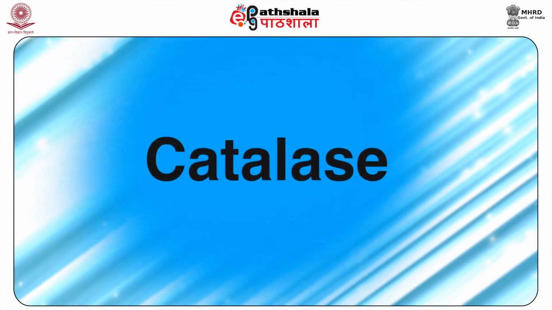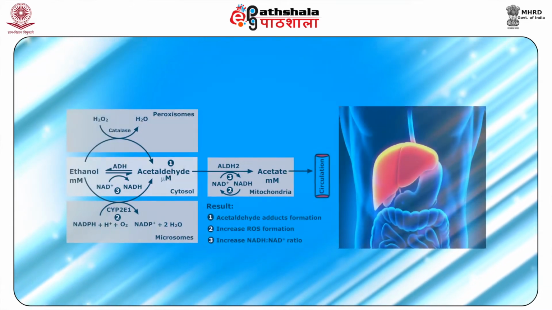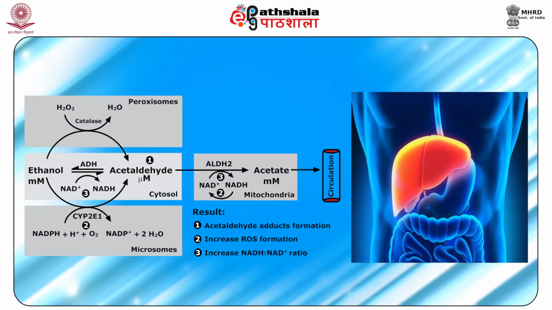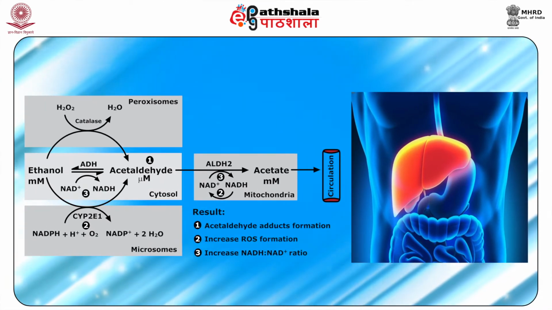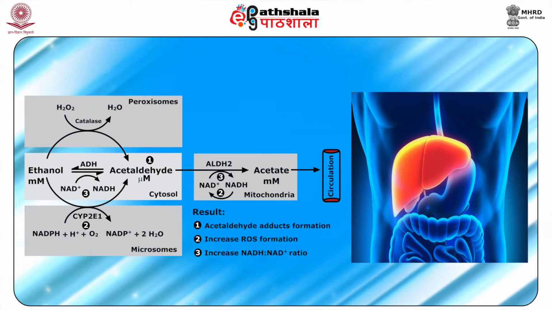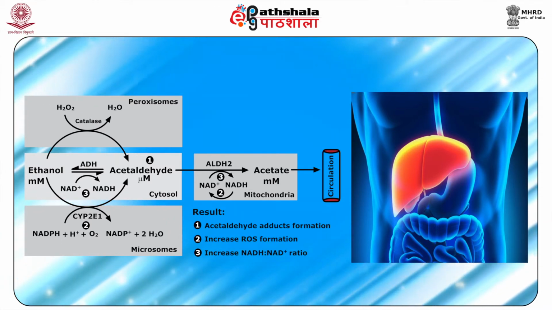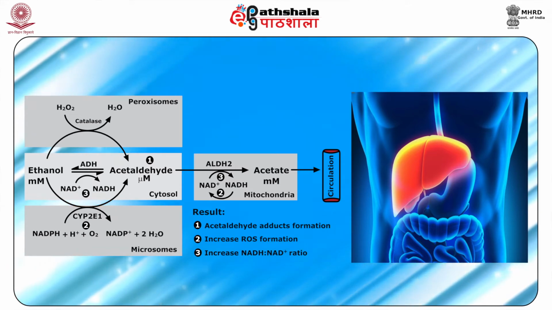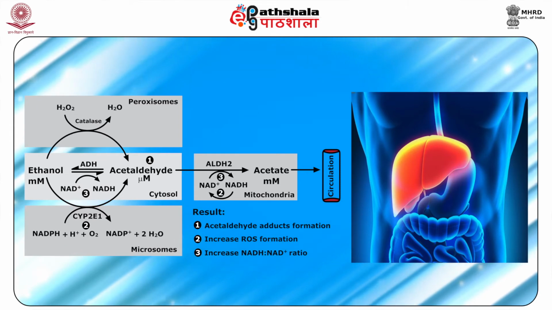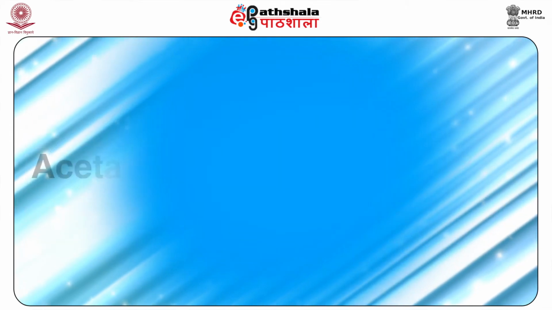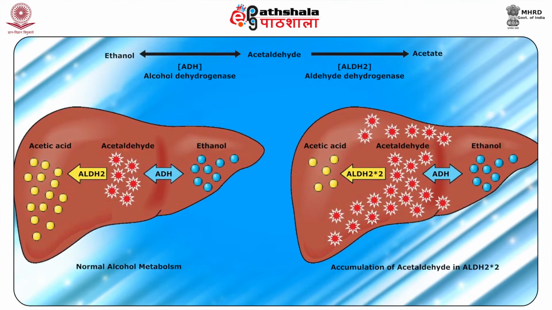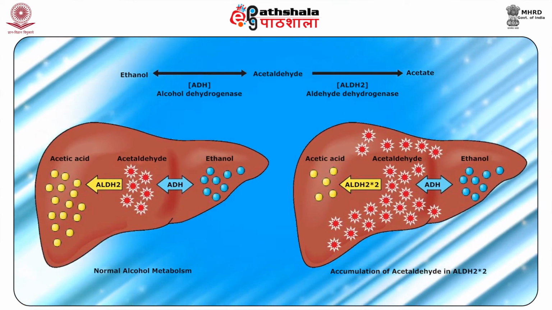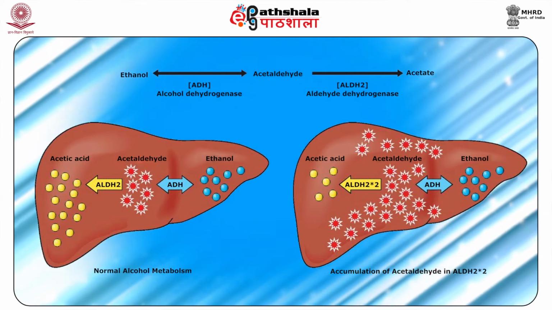Now moving on to catalase. Catalase is found in peroxisomes all over the body. Catalase converts alcohol into acetaldehyde, and the hydrogen released during this process gets attached to hydrogen peroxide, which later becomes water. Now, acetaldehyde dehydrogenase. Mitochondria are the workplace of acetaldehyde dehydrogenase.